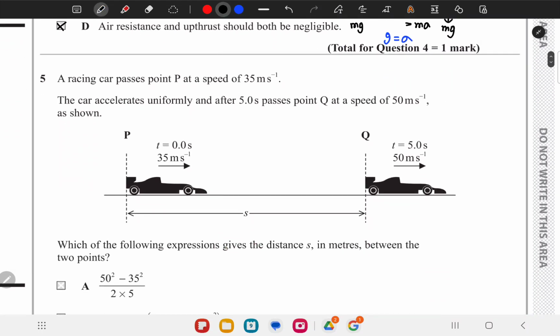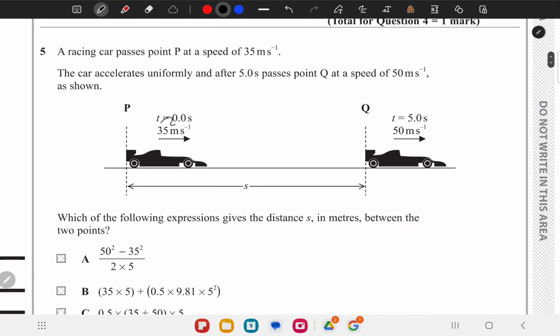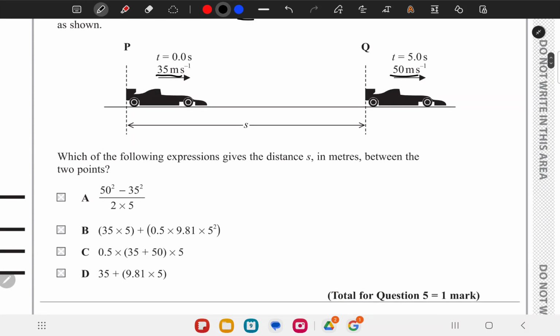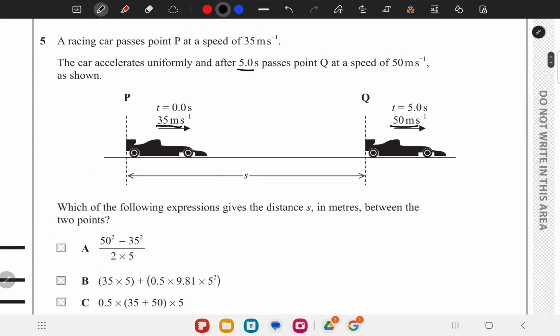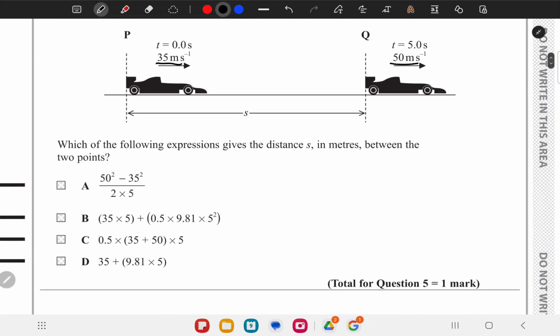Now for question 5, we have a racing car that's passing point P at 35 meters per second and point Q at 50 meters per second. We have 5 seconds passing between them. We are told that the acceleration is uniform between them, so we have a constant acceleration. So we can use the SUVAT equations. We know the initial velocity, the final velocity, the time, and we need the value of s.